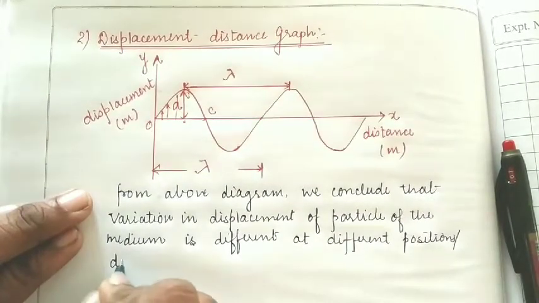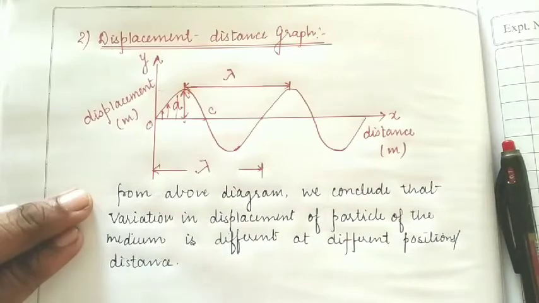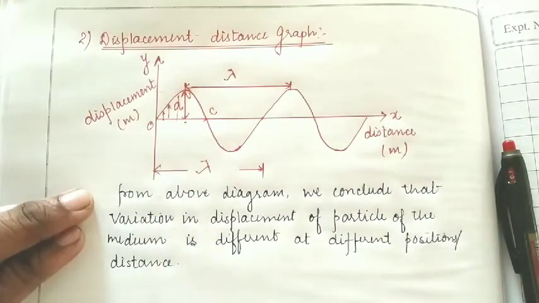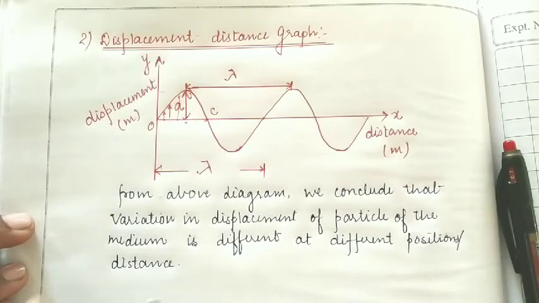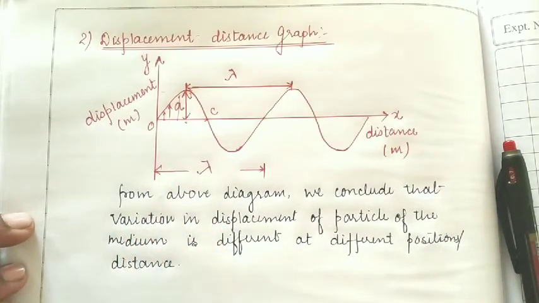It means that as the distance changes, the vibration of the particle also changes. Sometimes it might be maximum, sometimes minimum. In this way we can represent the variation which takes place in position and vibration.